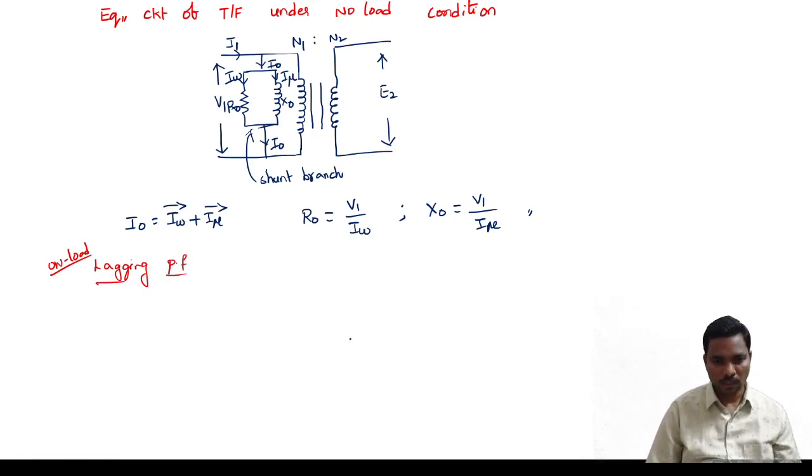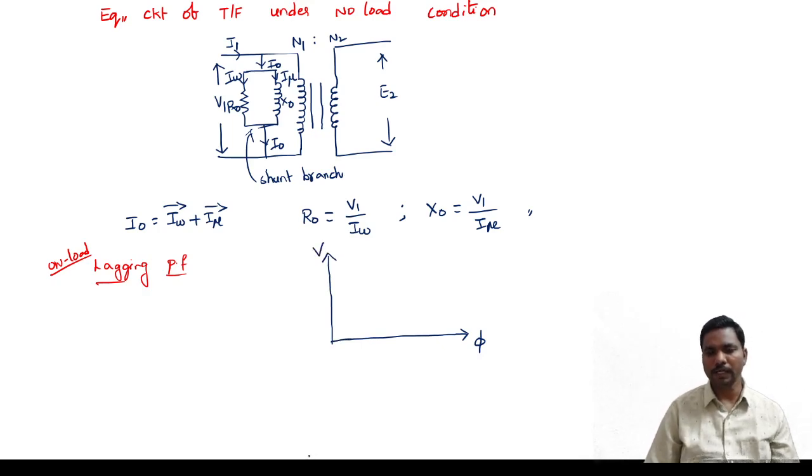Okay, so all of you try to understand. I am taking reference as phi. Our voltage leads. First of all, you apply the voltage. After that only the current is flowing, then flux is producing. So the current flowing to magnetize is the magnetizing current.